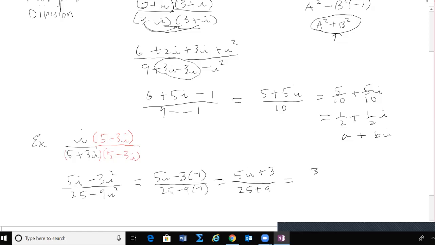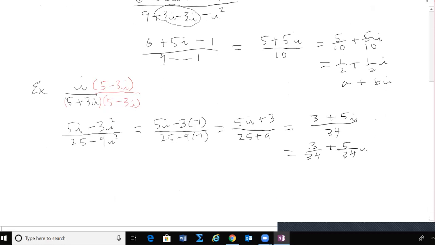We'll have a 3 plus 5i divided by 34, which you can then write as 3 over 34 plus 5 over 34 i. And there's your standard form for that final answer.